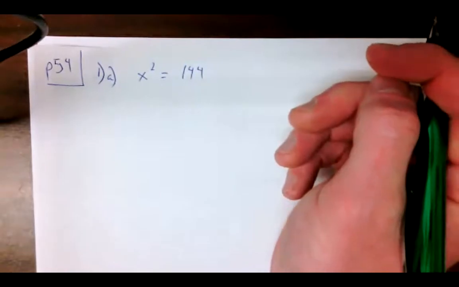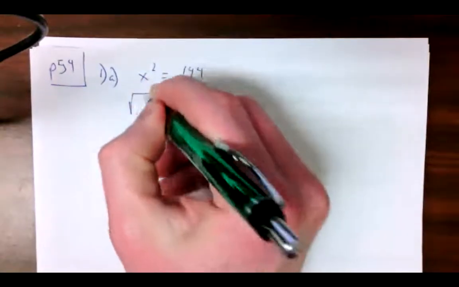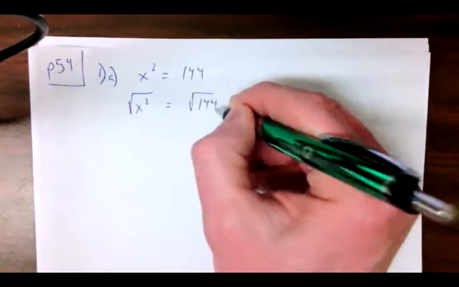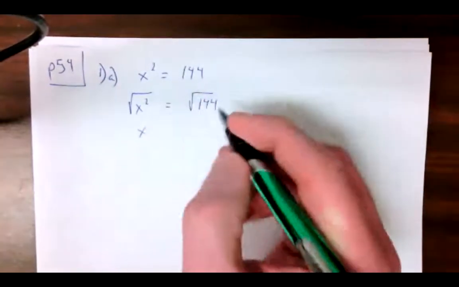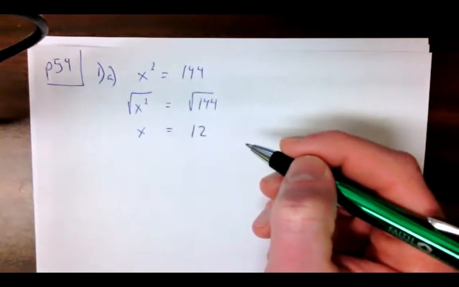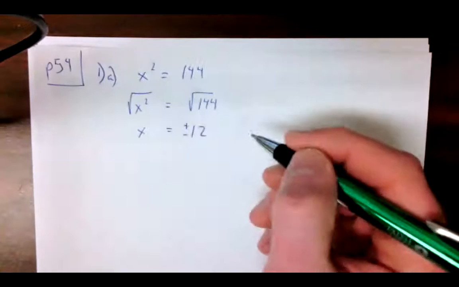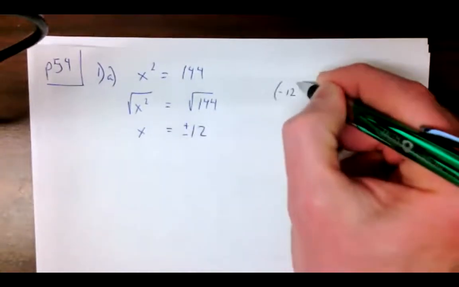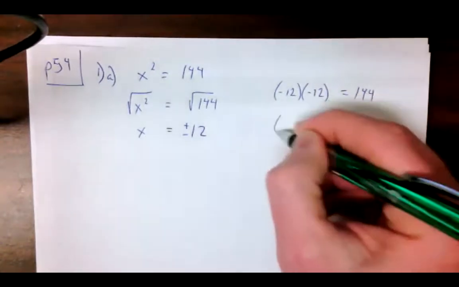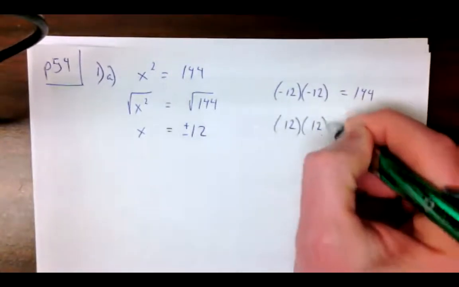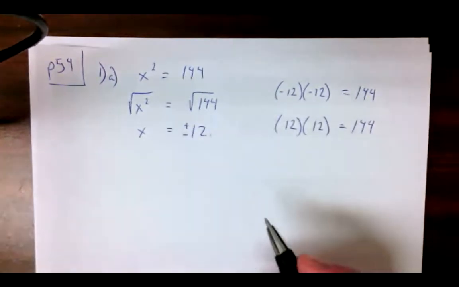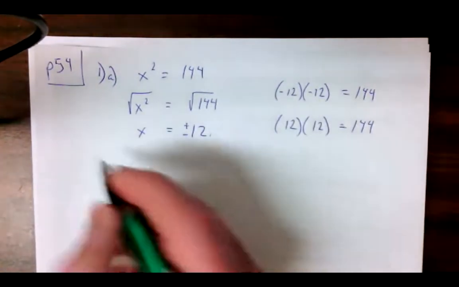If we take the square root of both sides, the root of x squared is x, the root of 144 is 12, plus or minus, because negative 12 times negative 12 equals positive 144. Positive 12 times positive 12 equals 144. So both are possible answers. All right.